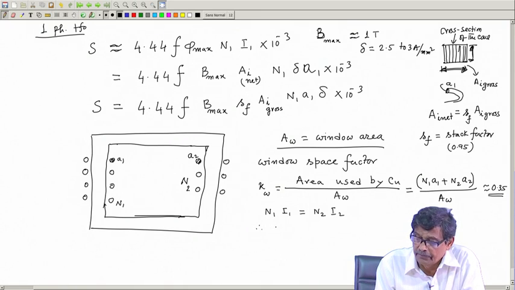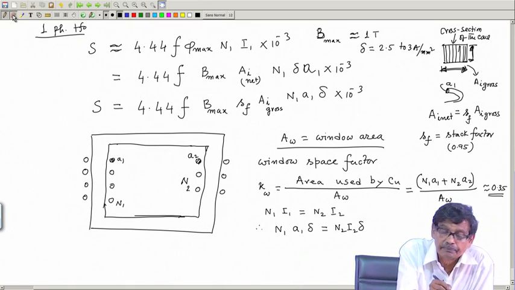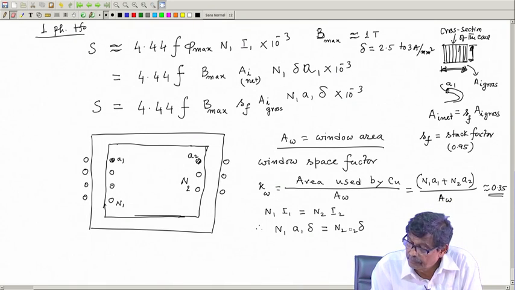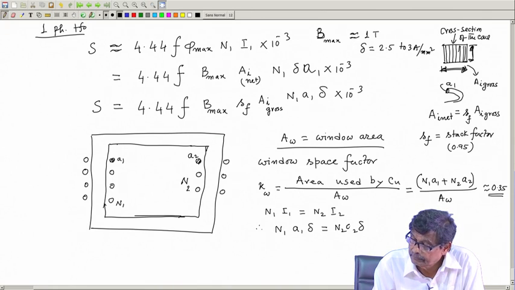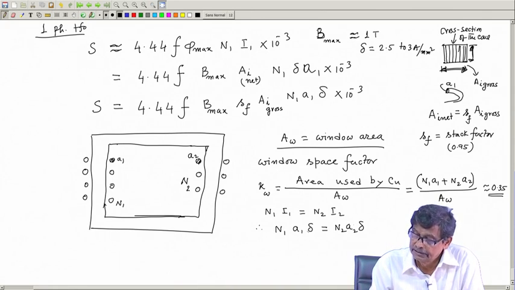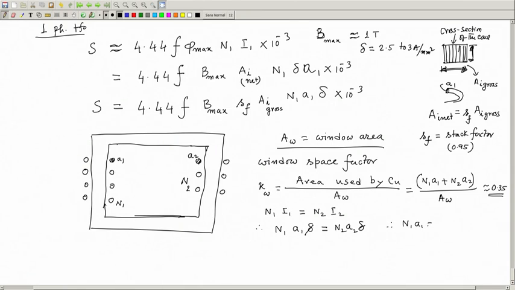Therefore, I will write N1 A1 delta must be equal to N2 A2 delta. This delta goes. Therefore, N1 A1 is equal to N2 A2.